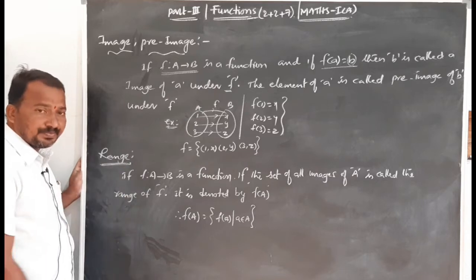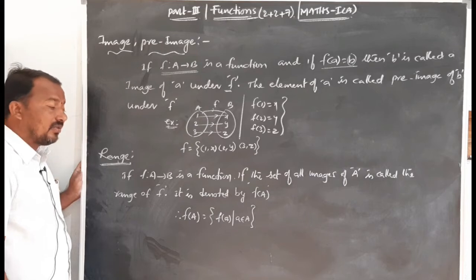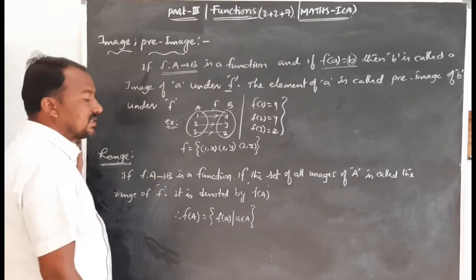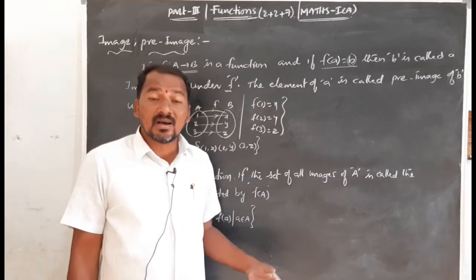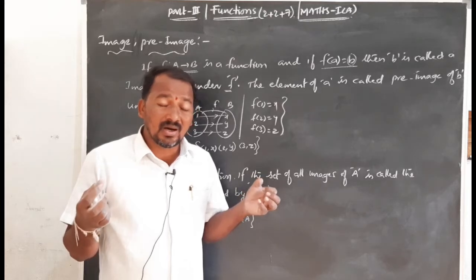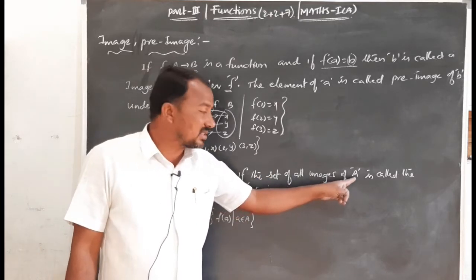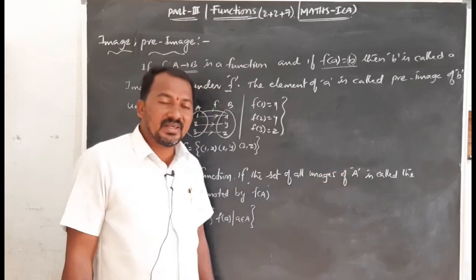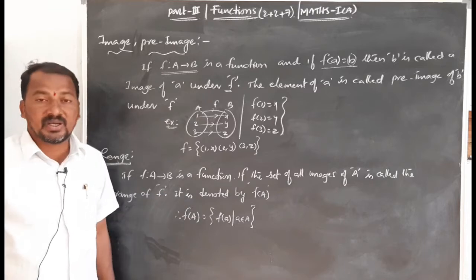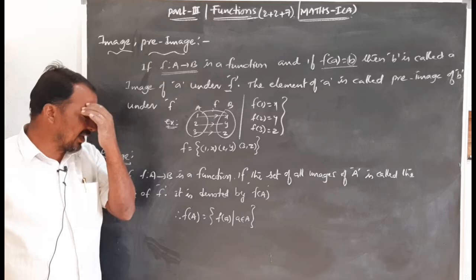What is the range? If f from A to B is a function, the set of all images of A is called the range of f. It is denoted by f of A. What is the meaning of range?